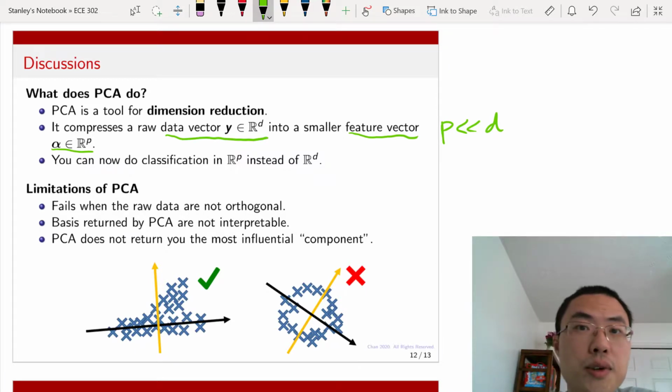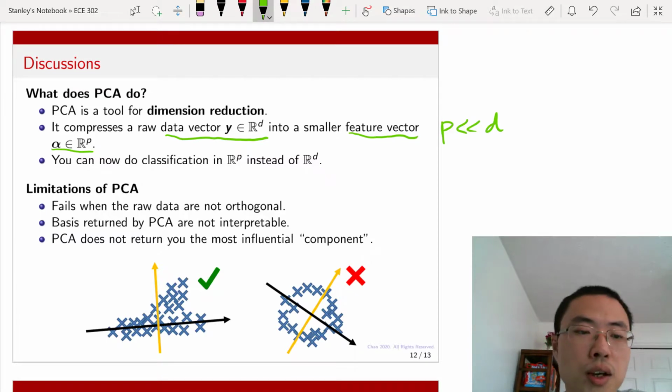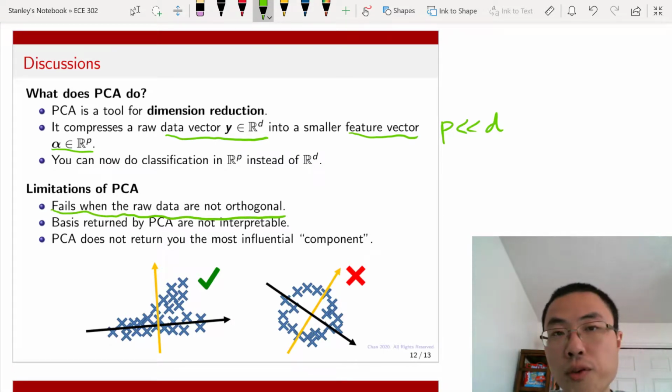If you ever think that PCA is so powerful that you can handle all kinds of problems, that is not true. PCA, just like any other data science technique, has limitations. Here I'm summarizing 3 of the limitations that at least I have been seeing over the past few years. One is that PCA fails when the raw data is not orthogonal.